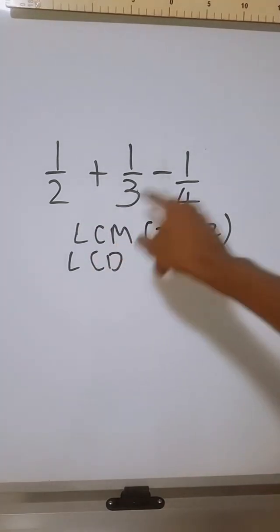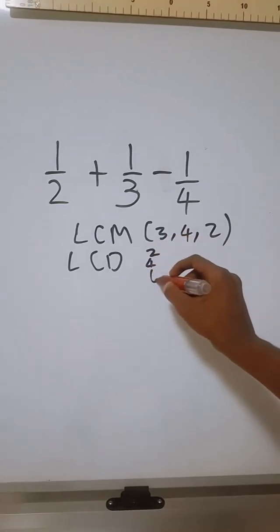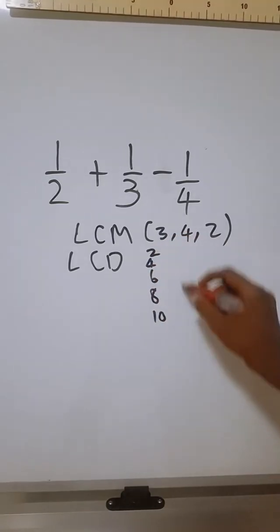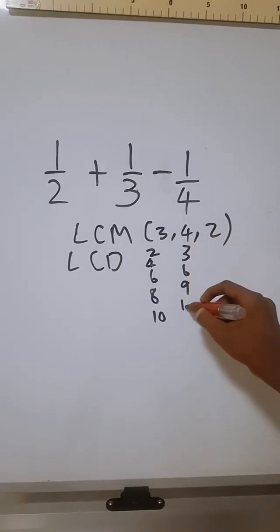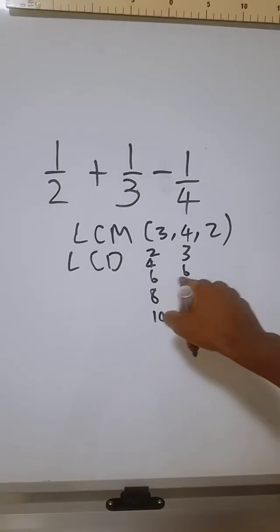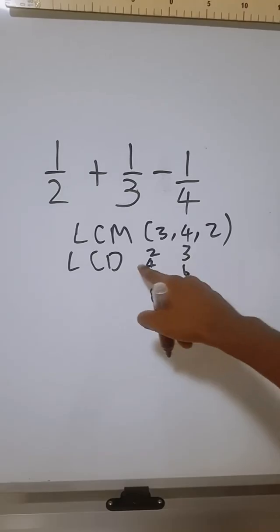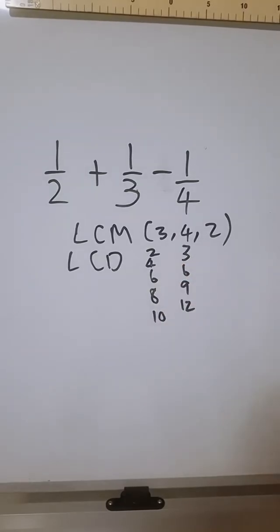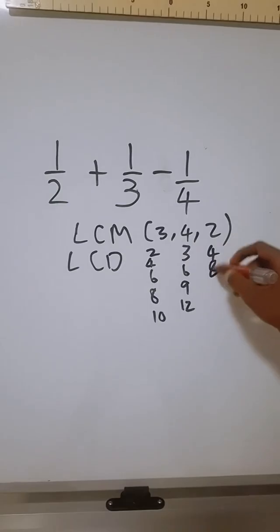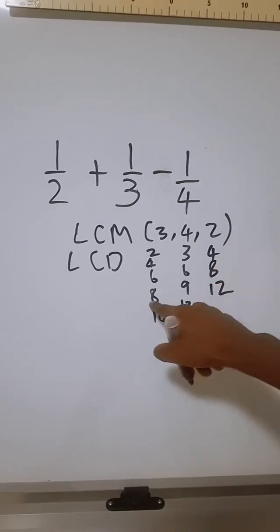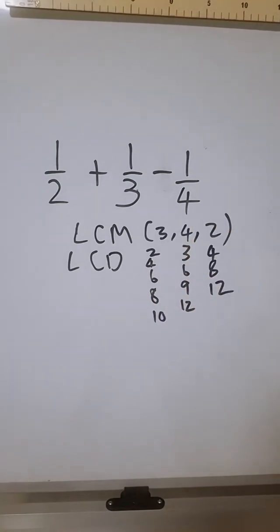Between 2, 3, and 4, the multiples of 2 are 2, 4, 6, 8, 10, 12. Multiples of 3: 3, 6, 9, 12. Nearly we want to say maybe the lowest common multiple is 6, because so far what's common between 2 and 3 is 6. But if we include the multiples of 4, we have 4, 8. 8 is common for 2 and 4, but for 3 it's a problem.